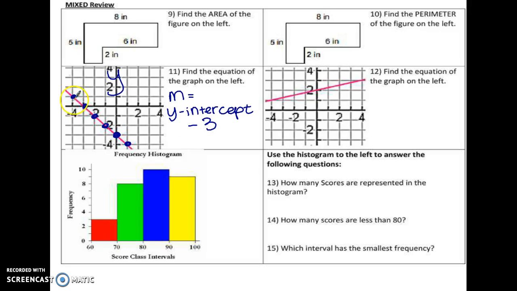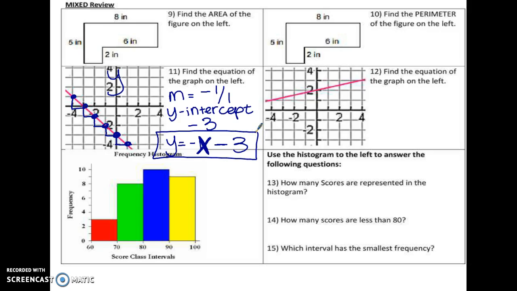And the slope, all of these points go right through the grid, so we go down 1 over 1 the whole entire time, so -1 over 1. So we would write that out as -x, and then -3. Y equals -x minus 3.